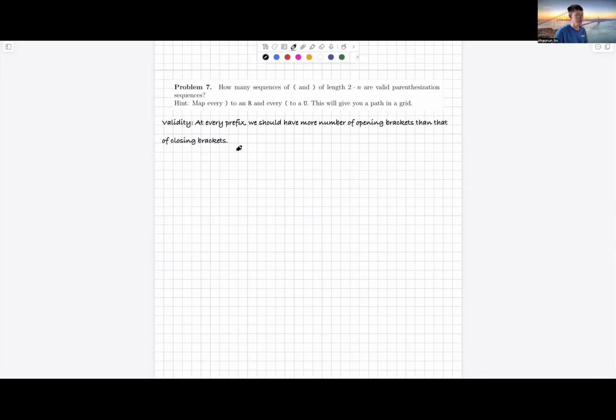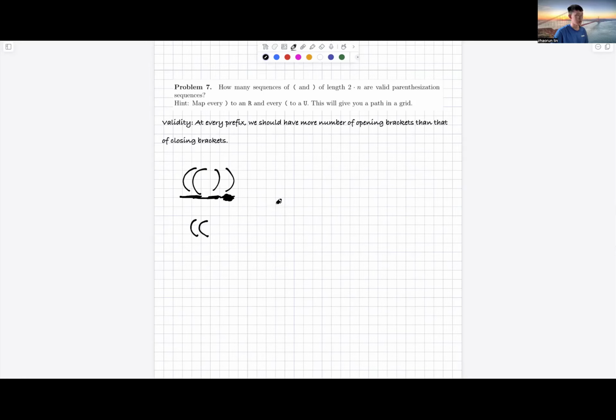For example, at this prefix we have 2 opening brackets and 1 closing bracket, and if we add this one, they are equal. So the closing brackets equal the opening brackets, and this is a valid parenthesization.